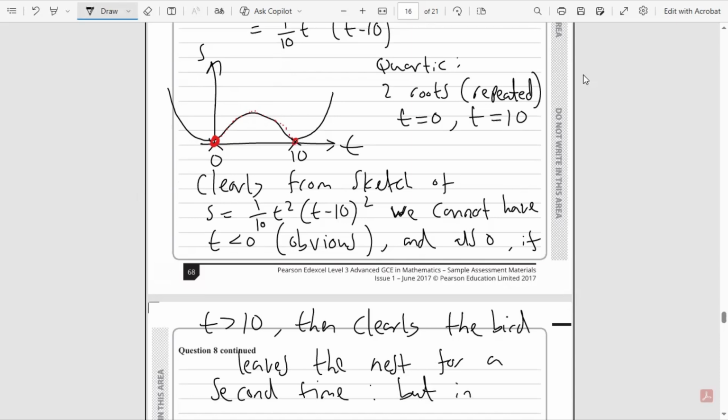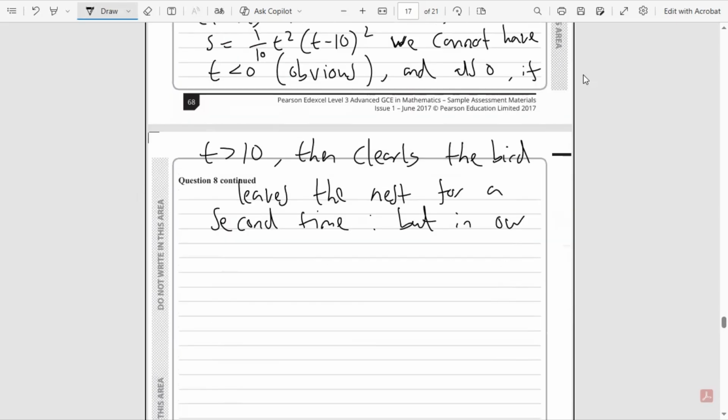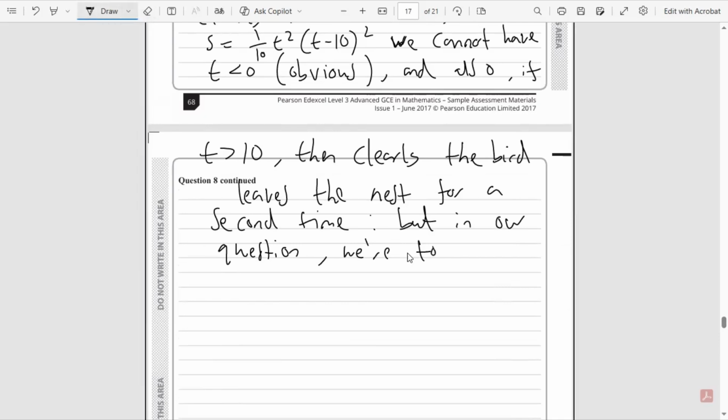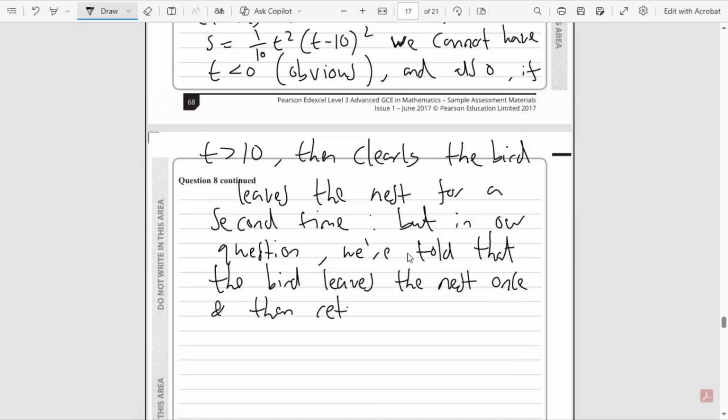But in our question, we're told, sorry, let me just rub out that line that I've drawn there. We're told that the bird leaves the nest once and then returns with no motion after.